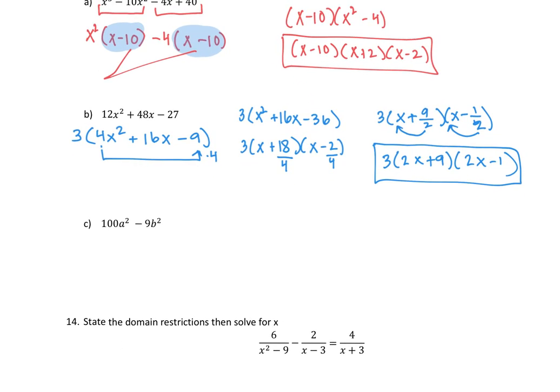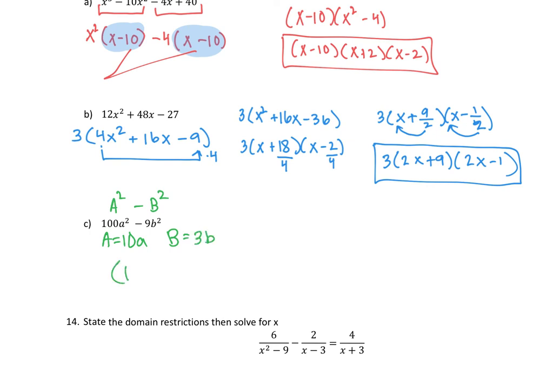Okay, and then the last one here would be C. The C is actually, I think, the easiest one out of all of these. This is in the form a squared minus b squared. So my a would be 10a, and my b would be 3b.